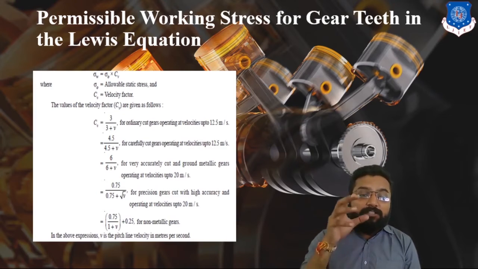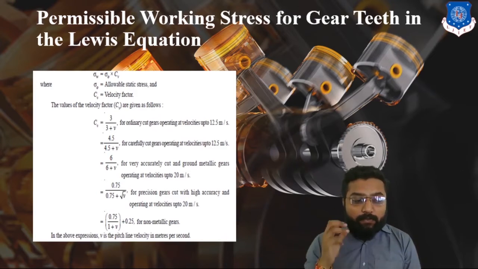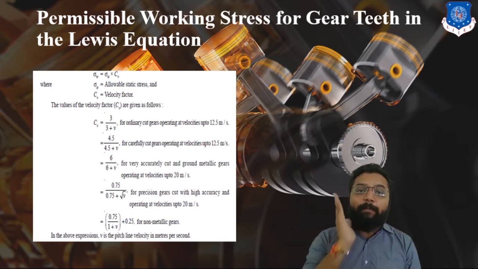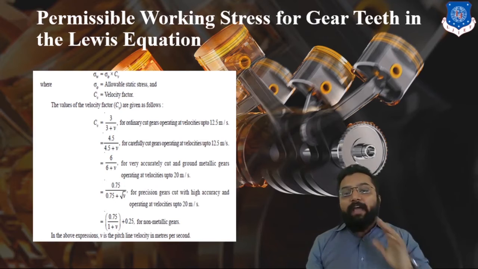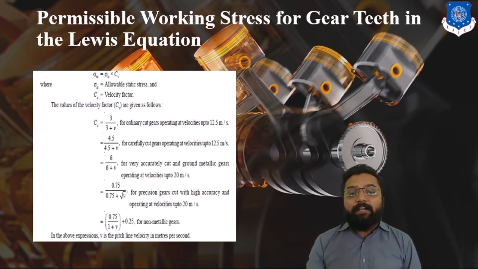That is just assumed, or you can say a stress which is derived depending on its geometrical criteria. While it is working, we have to consider velocity as another factor. We multiply our direct stress with the velocity factor, and then we can find this working stress sigma w. So sigma w is allowable stress into velocity factor.